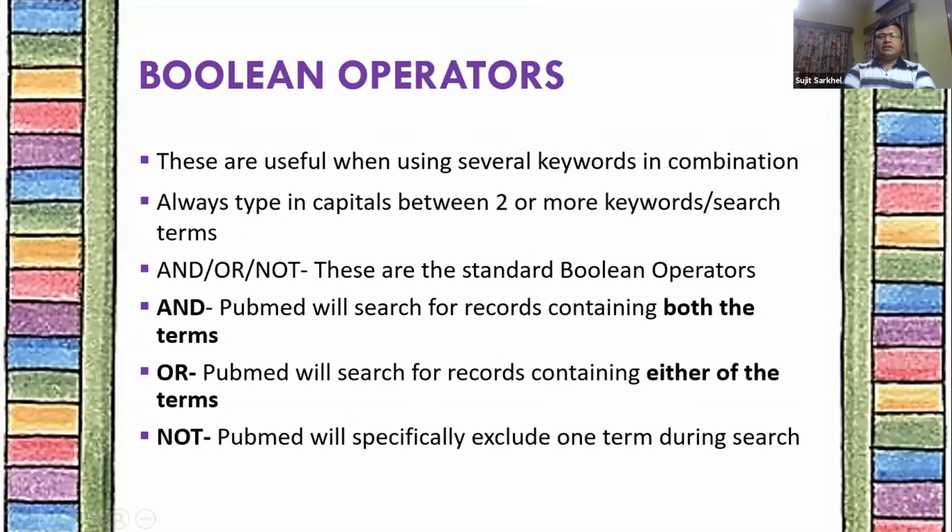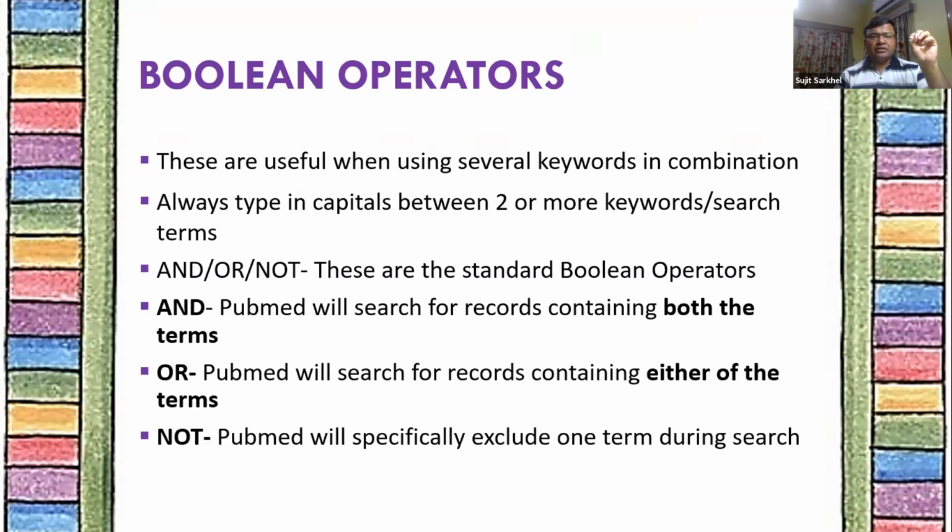Next is Boolean operators. These are very important. Boolean operators are useful when using several keywords in combination. Supposing you are looking for the treatment of depression, you write depression AND treatment. When you write AND as a Boolean operator, it will search for articles which contain both depression and treatment.